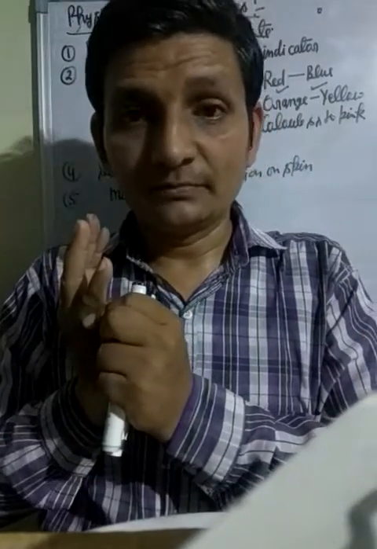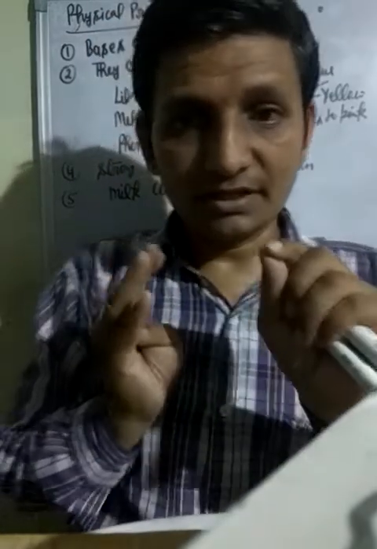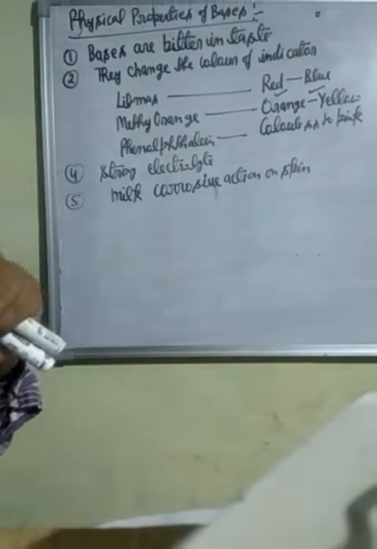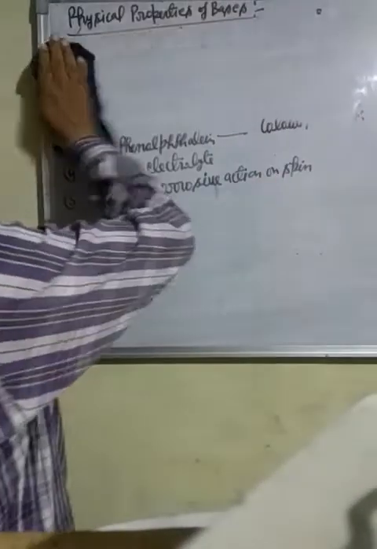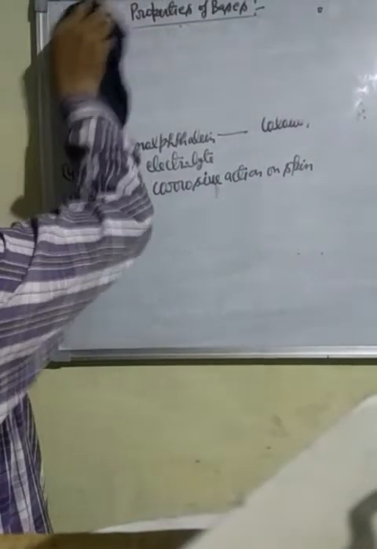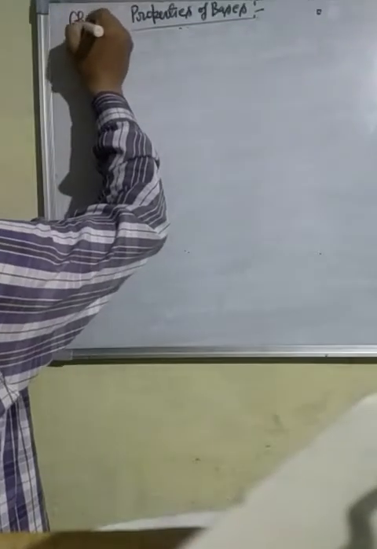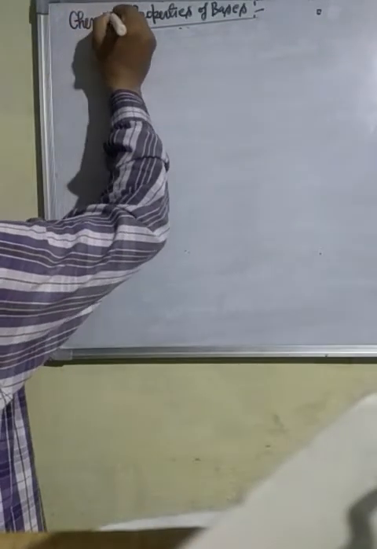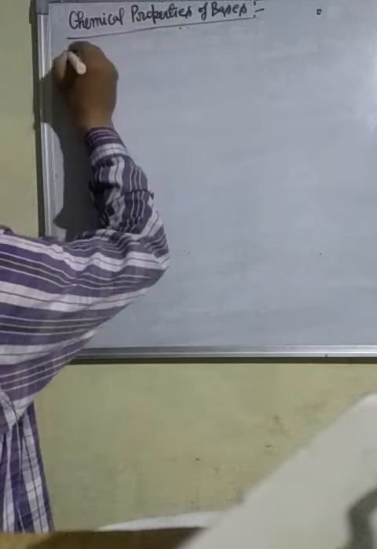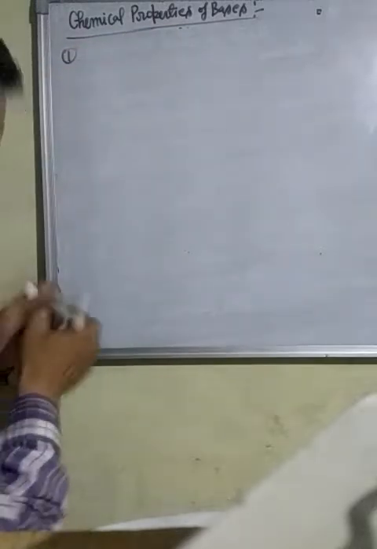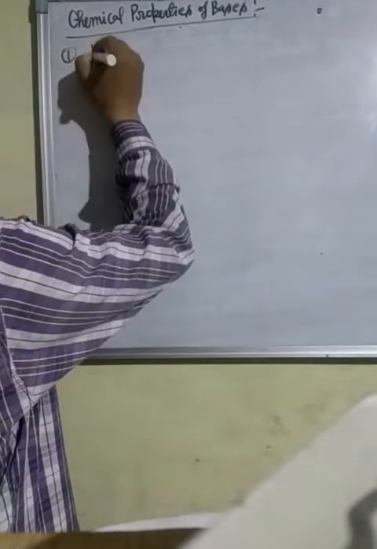Third, reaction with metallic salt. Listen to all the properties one by one. Chemical properties of bases. Number 1, reaction with carbon dioxide.